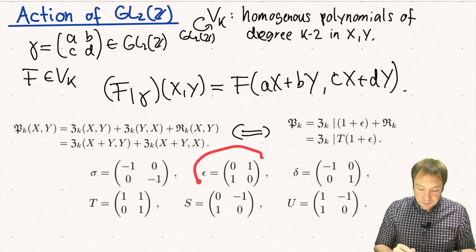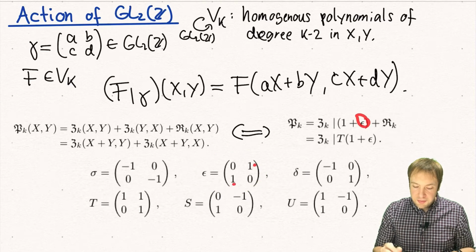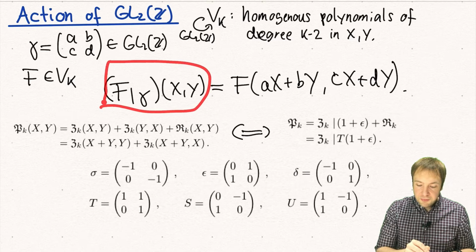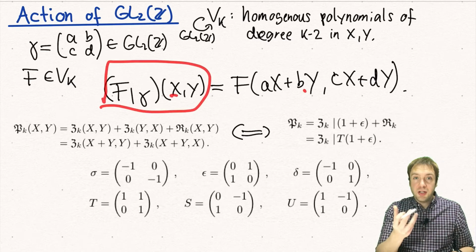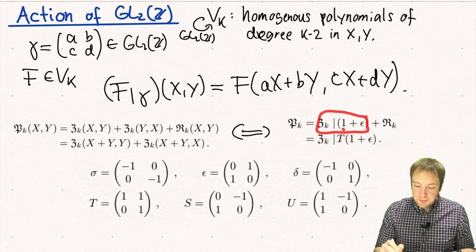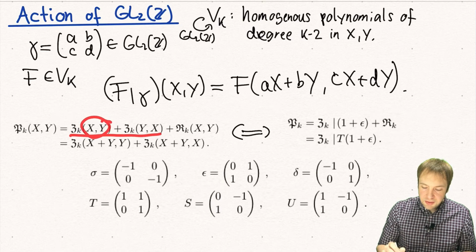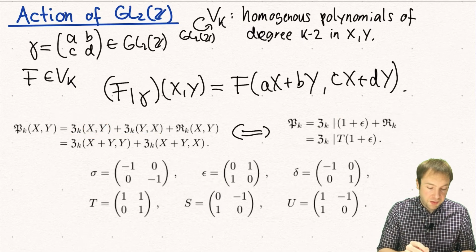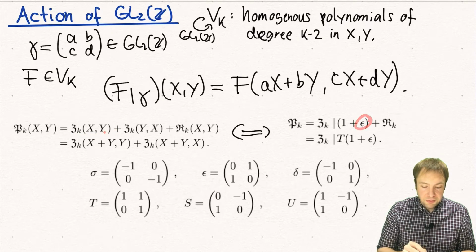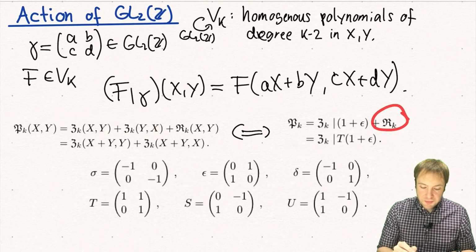This epsilon here is just this matrix here. If I apply epsilon to some f, what I do is just interchange x and y. Therefore, if I consider the action of 1 plus epsilon on these polynomials, the action of 1, which means just the identity matrix, is just the polynomial itself, and the action of epsilon is given by changing x and y.